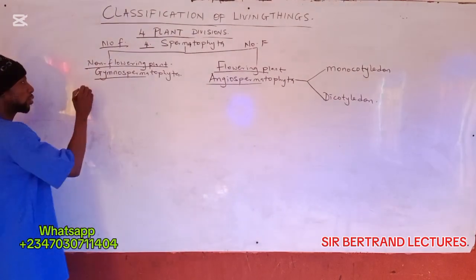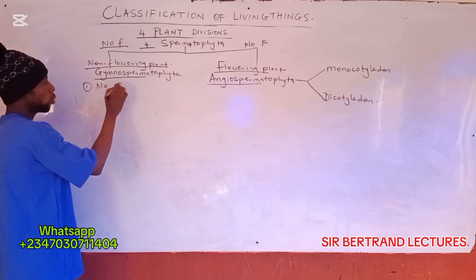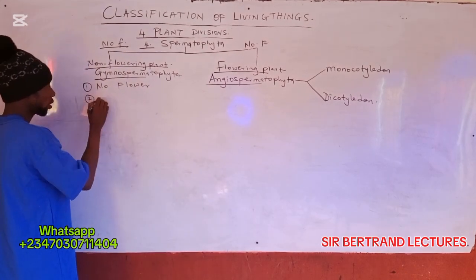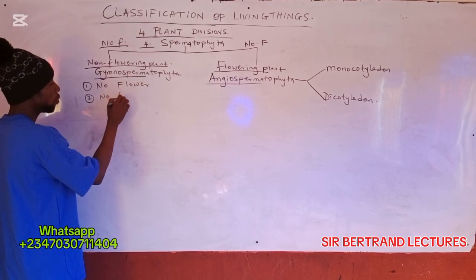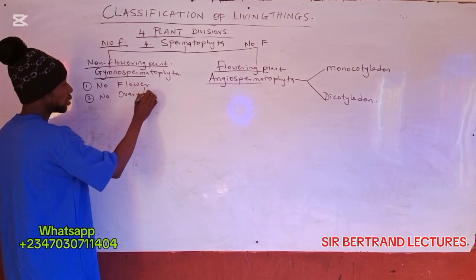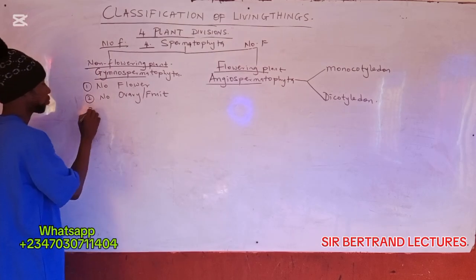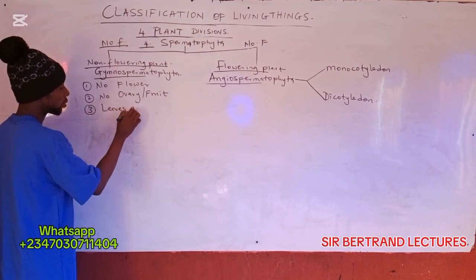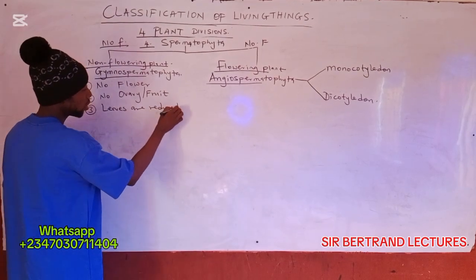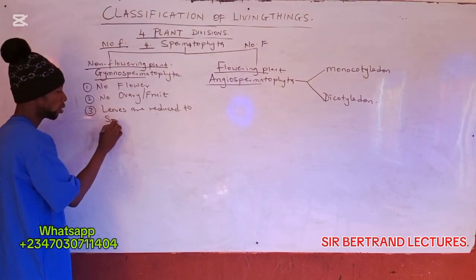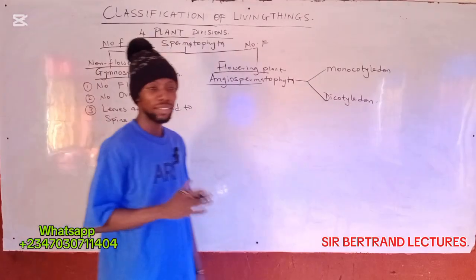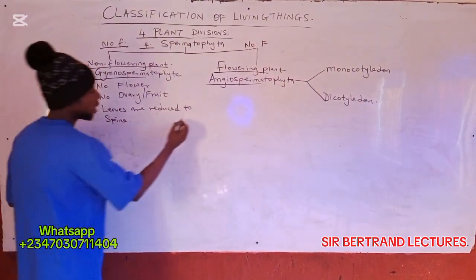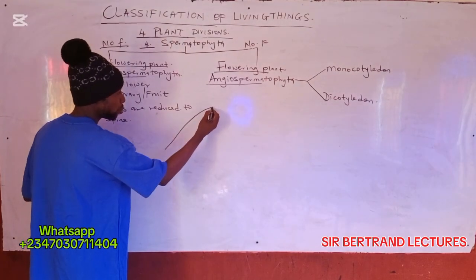Now, what are the features? Number one, there is no flower. Number two, there is no ovary or there is no fruits. Number three, the leaves of gymnosperm are reduced to spine, meaning that the leaves are in this spinal shape.